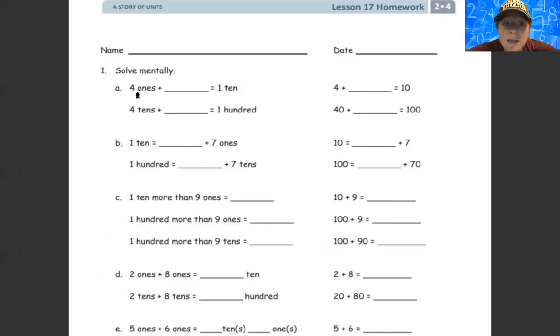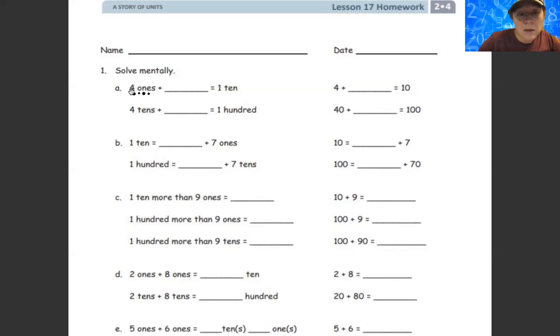So we have 4 ones plus blank equals 110. So if we have 4 ones, how many more ones do we need to get to a 10? Remember, 10 ones, you can bundle them together for 110. So if I have 4 ones, 1, 2, 3, 4, how many more do I need to get to 10?